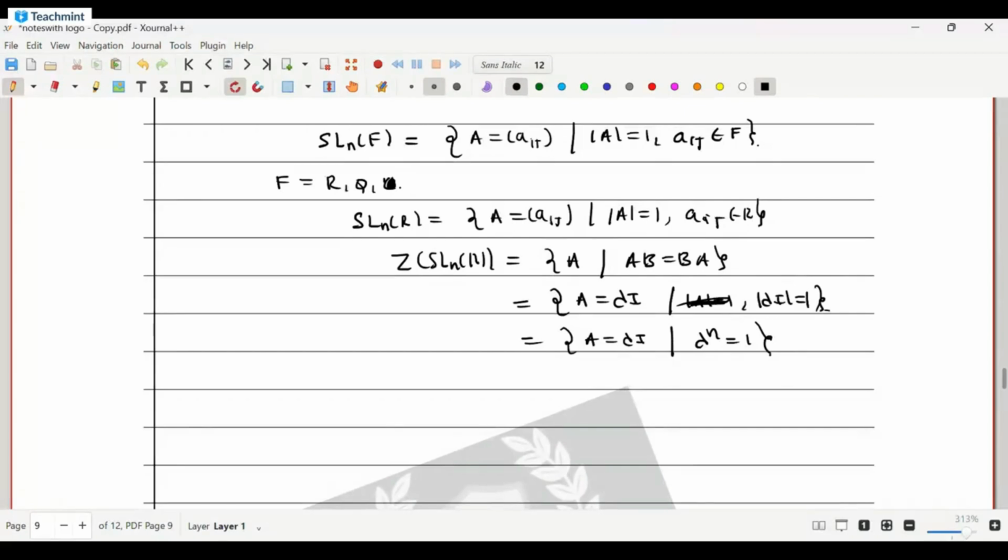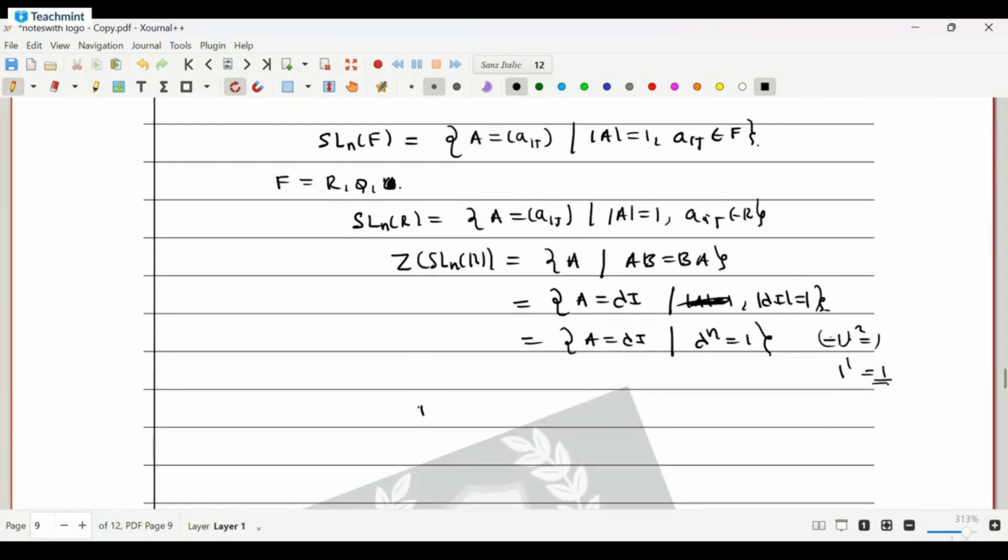And when n is odd, 1 power anything, 1 power 1 equal to 1.